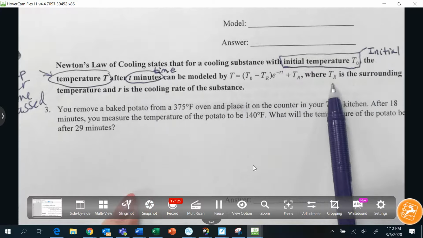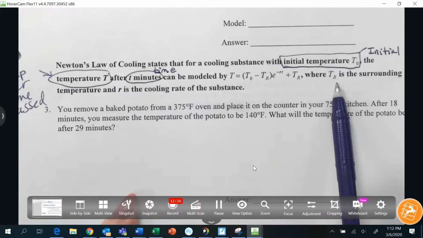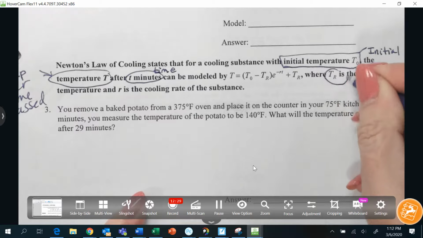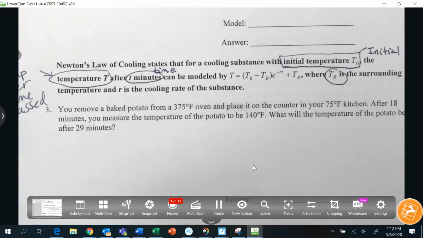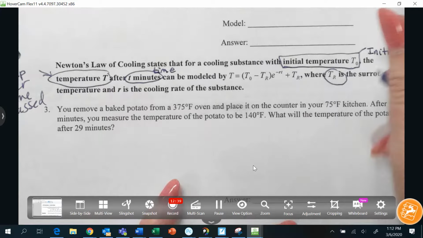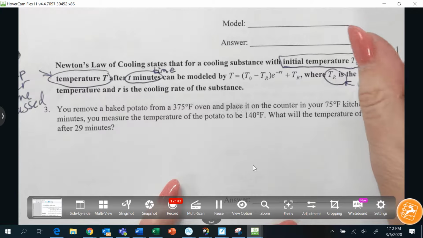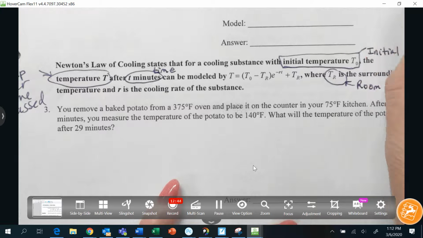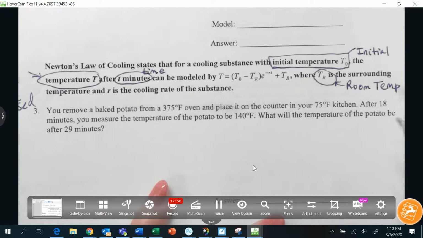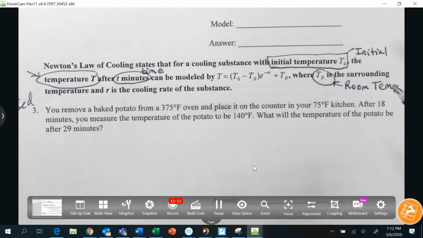T subscript r, T sub r, is the surrounding temperature, possibly the room temperature if you're inside of a room. I'm going to call it room temperature. However, it could be outside, but then it's not a room. So T subscript R is room temperature.